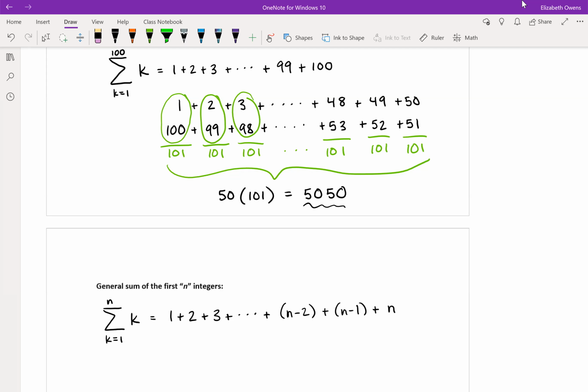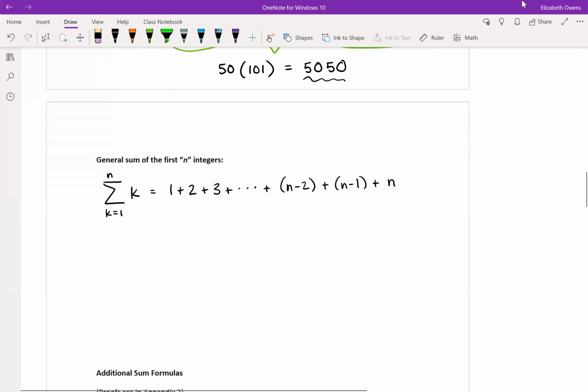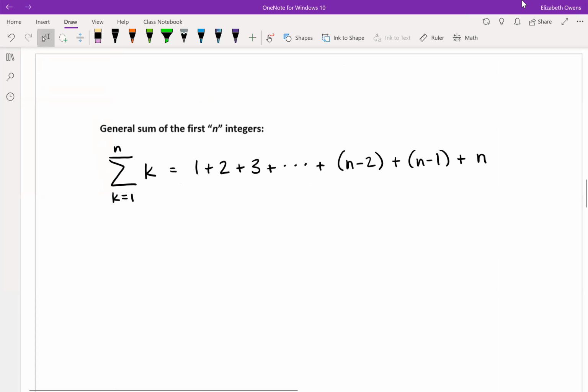All we've got to do then, thanks again, Gauss, probably, is to do half of the sum of double those numbers. So you add 1 plus 2 plus 3 all the way up to n, except then you do it twice.